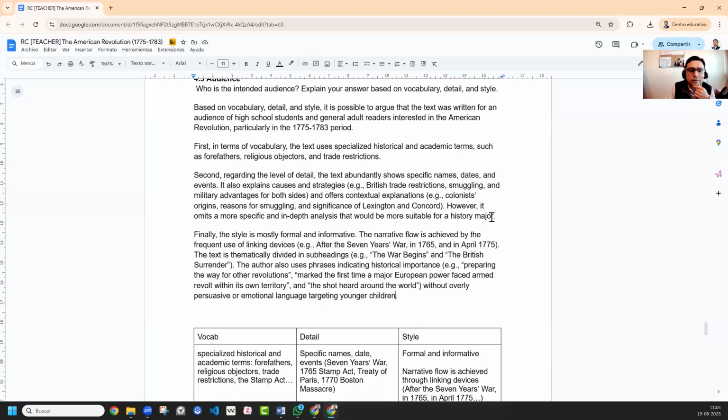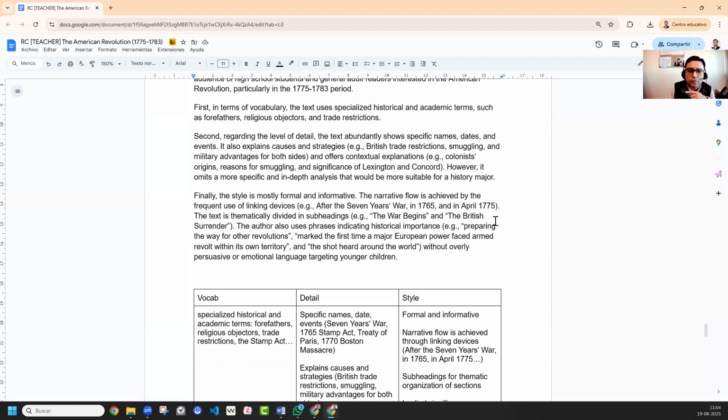Second, regarding the level of detail, the text abundantly shows specific names, dates, and events. It also explains causes and strategies, and the examples, and offers contextual explanations. However, it omits a more specific and in-depth analysis that would be more suitable for a history major.